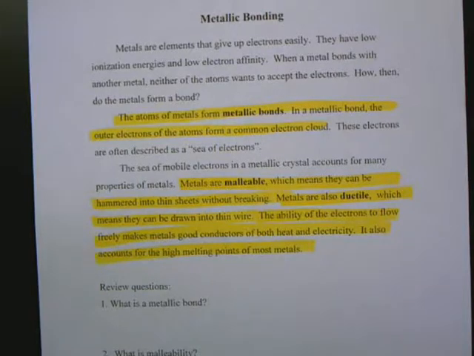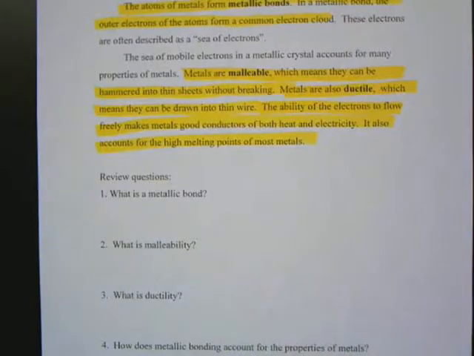In a metallic bond, the outer electrons of the atoms form a common electron cloud. Metals are malleable, which means they can be hammered into thin sheets without breaking. Metals are ductile, which means they can be drawn into thin wire. The ability of the electrons to flow freely makes metals good conductors of both heat and electricity. It also accounts for the high melting points of most metals.